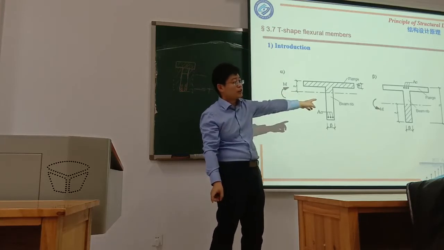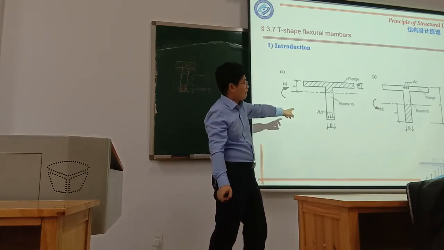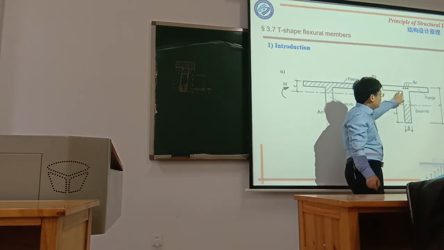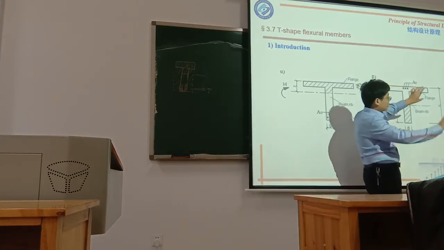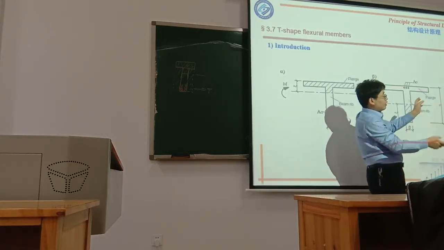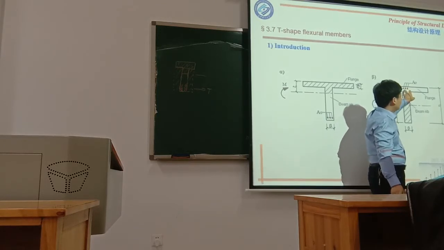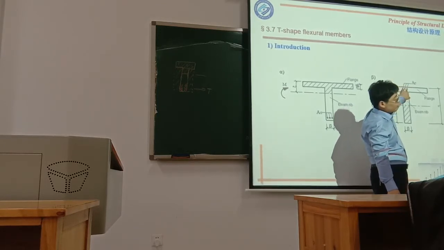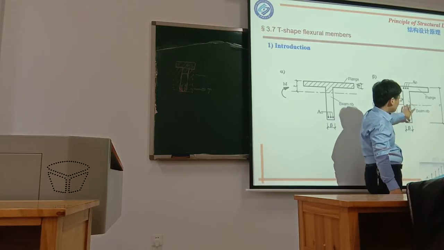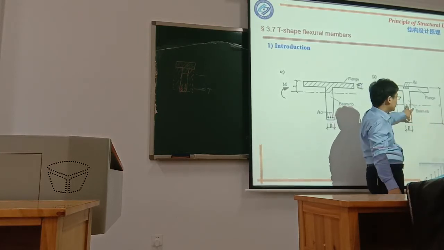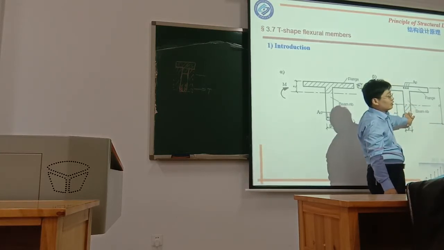If you use this T-shaped beam, then the upper part is in tension. The tension force is resisted by the reinforcement, and the lower part is in compression. The rim bears the compression force.